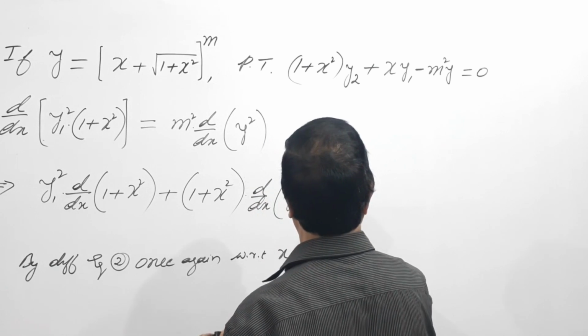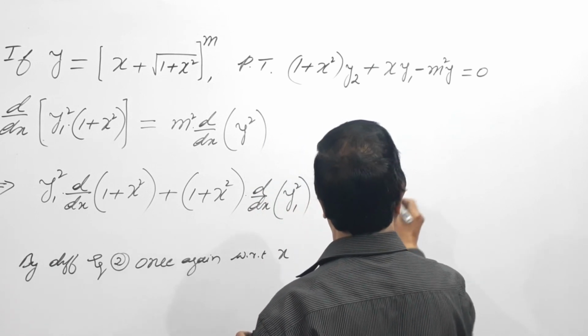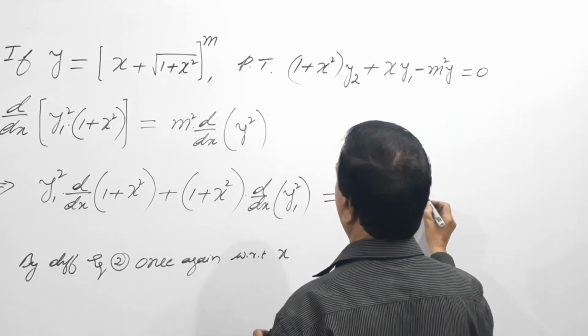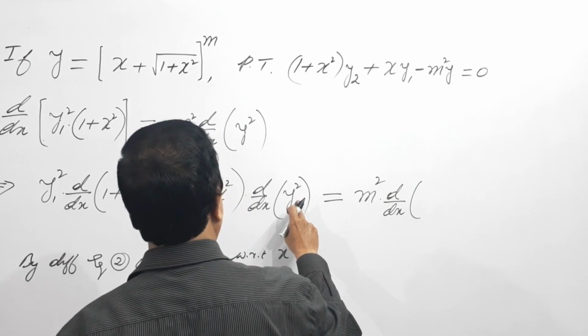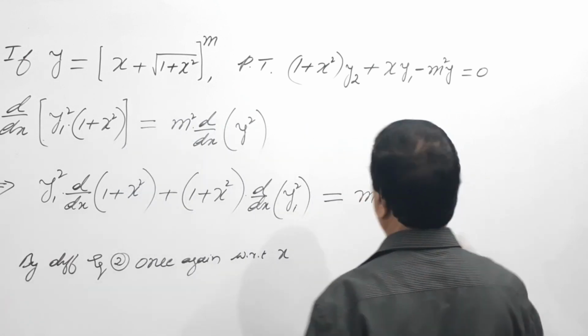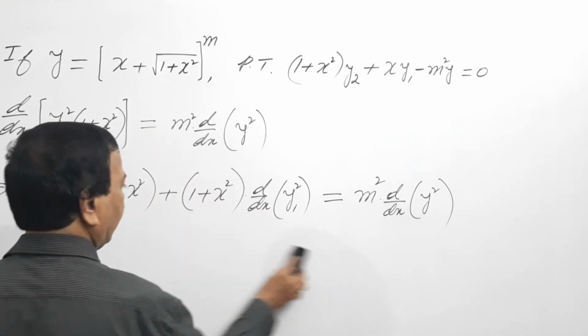On the right hand side it equals m square into d by dx of y square. Be careful while doing this.